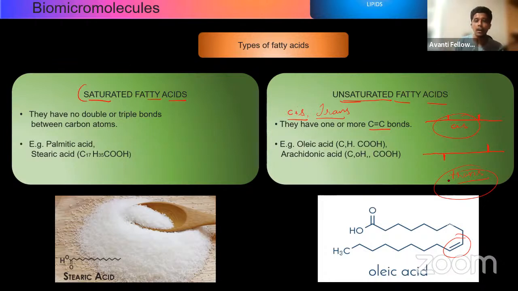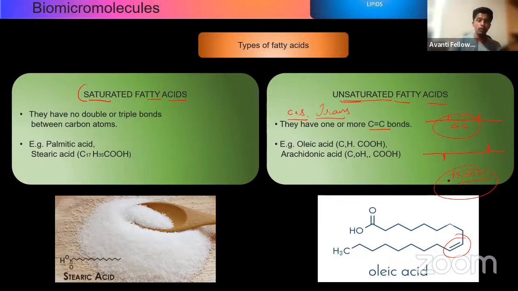When they pump the hydrogen in, that leads to the formation of these trans structures, that is, alternating carbon atom or double bond structures. Once it forms the trans structure, trans fatty acids are really harmful for your health. They are known to increase the cholesterol levels in your blood, and people who consume a lot of trans fatty acids are more prone to heart attacks.